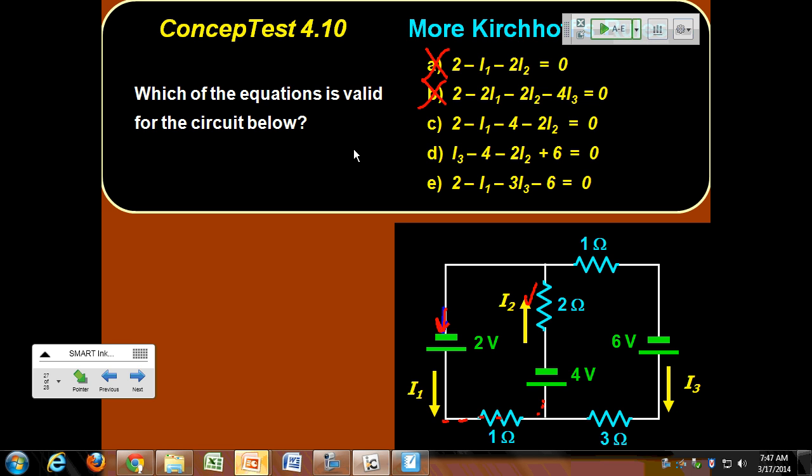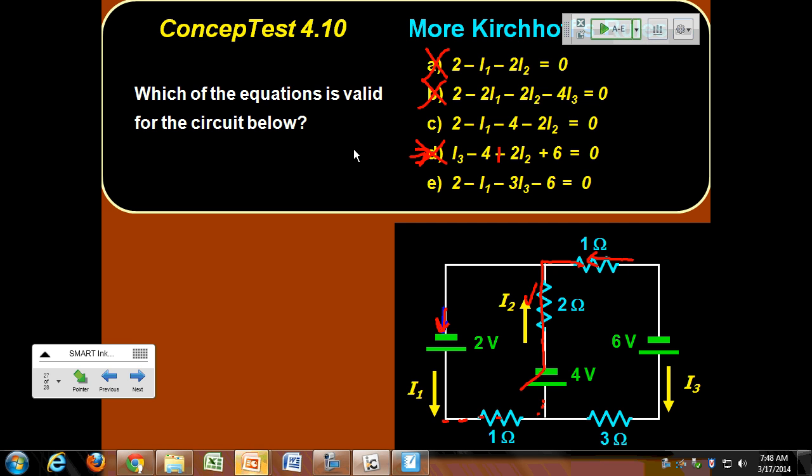Is D correct? I3 minus 4. That would be 1I3, so that would be going in this direction because it's positive. I'm going against the current. I3 minus 4. Well, that should be positive 4 because I'm going from low to high. And it should be plus 2I2. It's all jumbled up here.